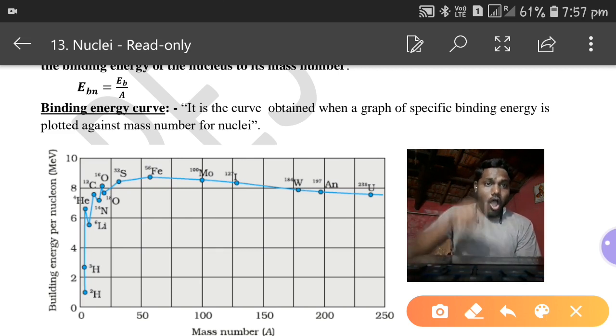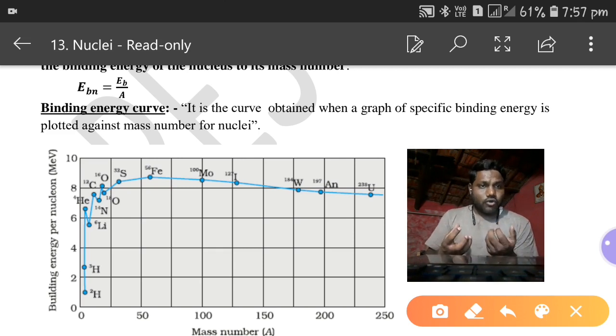And again for oxygen, oxygen has 8 protons and 8 neutrons. That means an even number of protons and an even number of neutrons. Therefore, the binding energy per nucleon again increases for oxygen. Therefore, oxygen is more stable as compared to nitrogen.